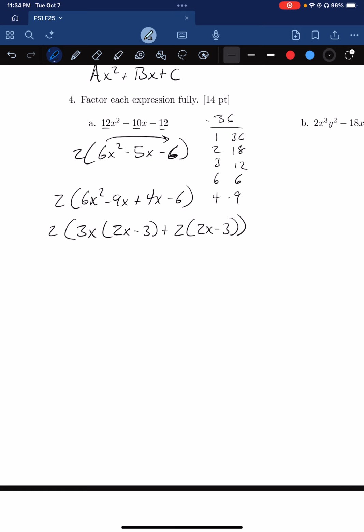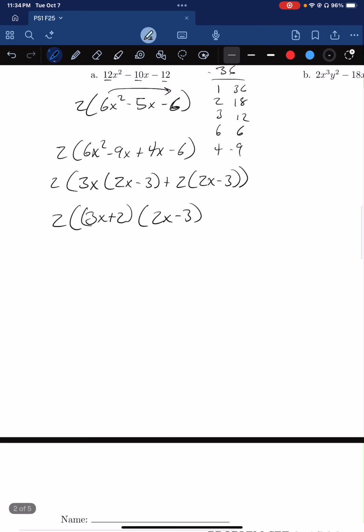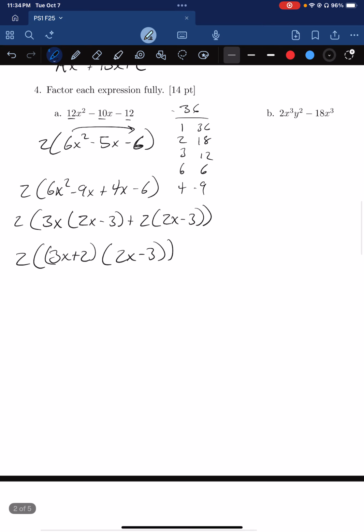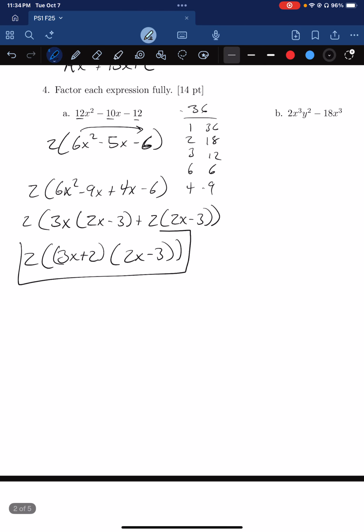And we could factor out this 2x minus 3 to get 2 times 3x plus 2 times 2x minus 3. And since we're just factoring them and not actually solving for x, this is our final answer here.